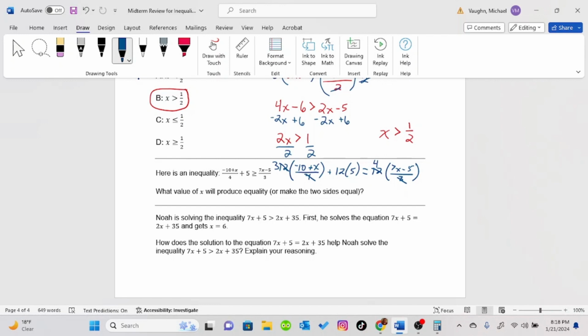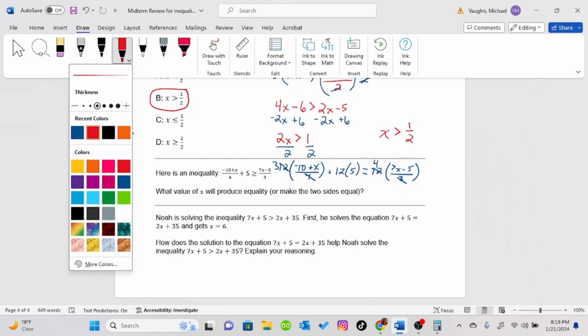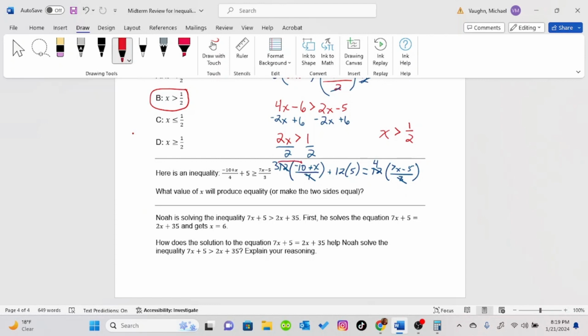So now I have 3 times negative 10 equals negative 30. 3 times x equals 3x. 12 times 5 equals 60. 4 times 7x is 28x.